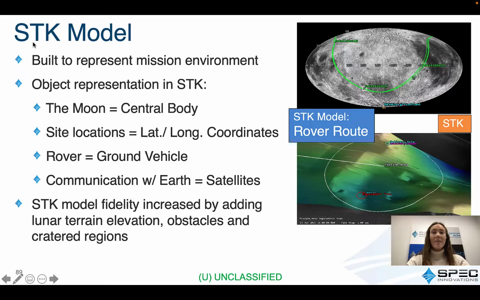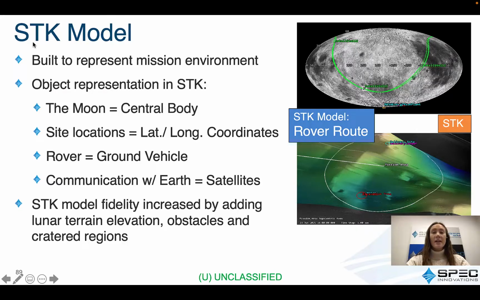In STK, a model was built to represent the lunar rover's mission environment. To create the model, various objects in STK were used to represent the mission. These included the moon represented by a central body, the site locations distinguished and plotted using their latitude and longitude coordinates, the lunar rover represented by a ground vehicle object, and communication with Earth represented using a network of satellites.